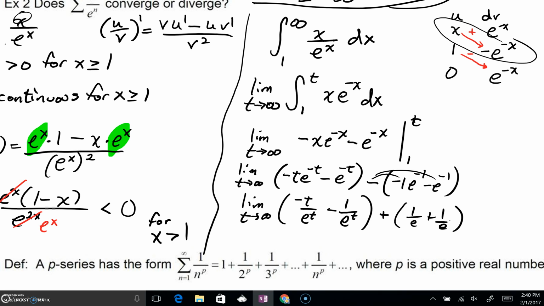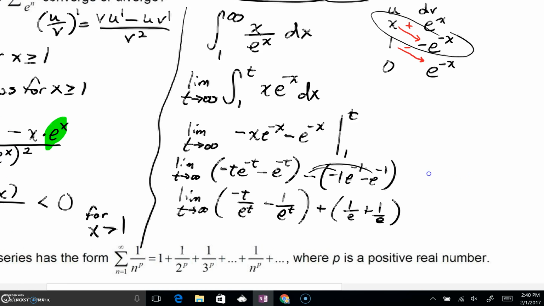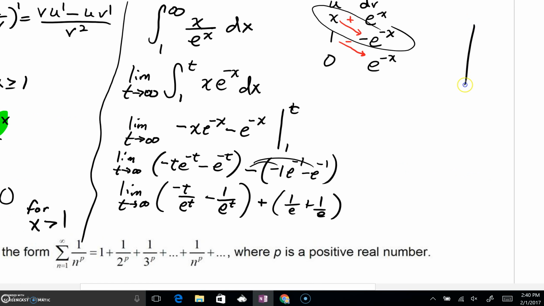But let's review something together. If we were to take a look, just going off to the side real quickly, for the graph of e to the x, as we go off towards infinity, of course, we're going to be arriving at infinity.